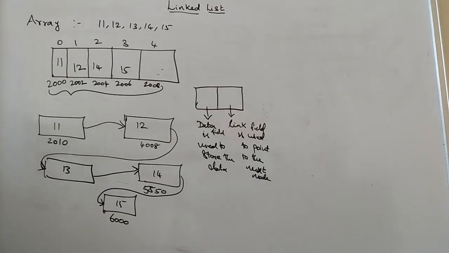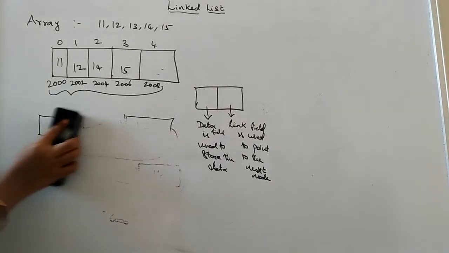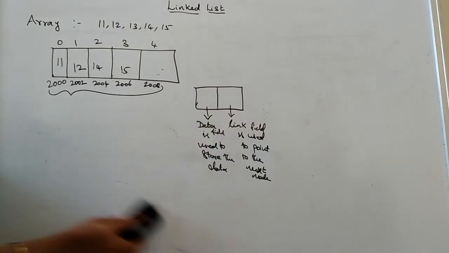And one more thing, while making use of an array, insertion and deletion are quite complicated compared to the linked list. In a linked list, wherever the space is free, we can use it. So the memory wastage will be avoided here. And next, insertion and deletion operations can be implemented easily here. That's why we make use of the linked list in most of the applications.